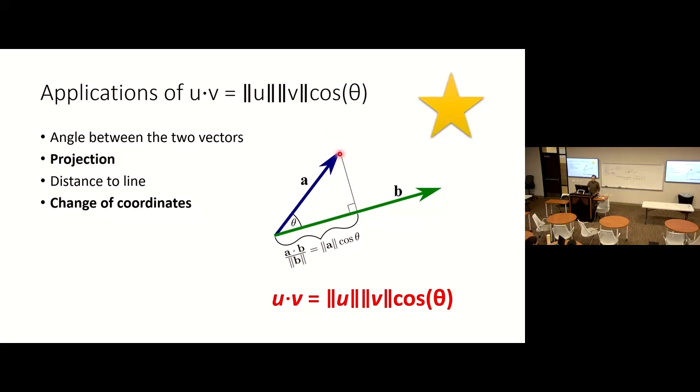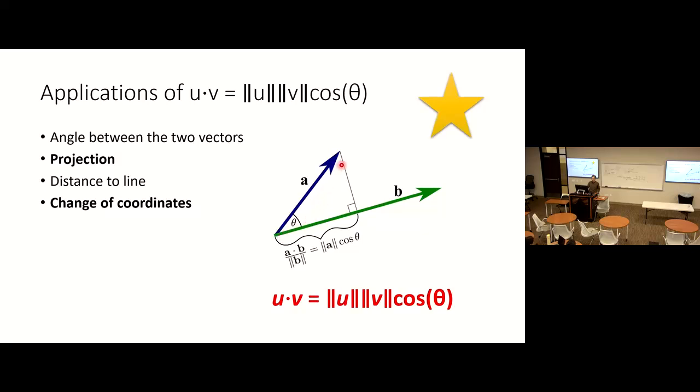So if you consider A as original, the x-axis is a horizontal line here, and A has its own xy coordinates. Well, if you consider the green vector B as the x-axis, that's a rotation.